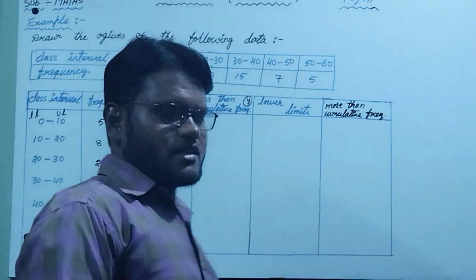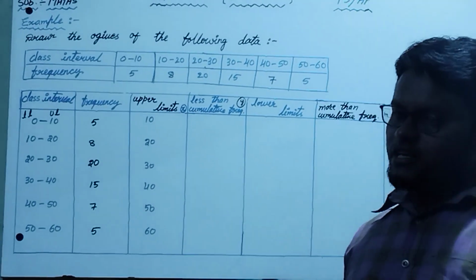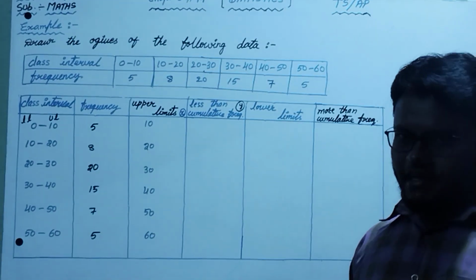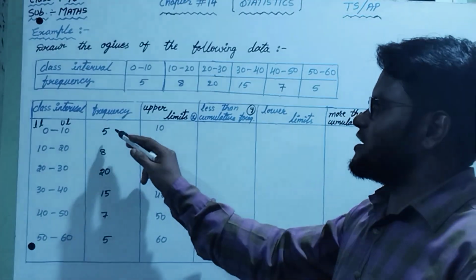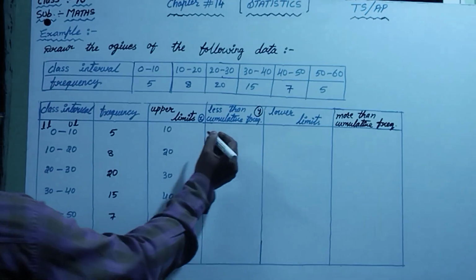Already I said previously in the median topic how to find cumulative frequency. For the less than cumulative frequency, add the frequencies step by step. The first number is 5 as it is.